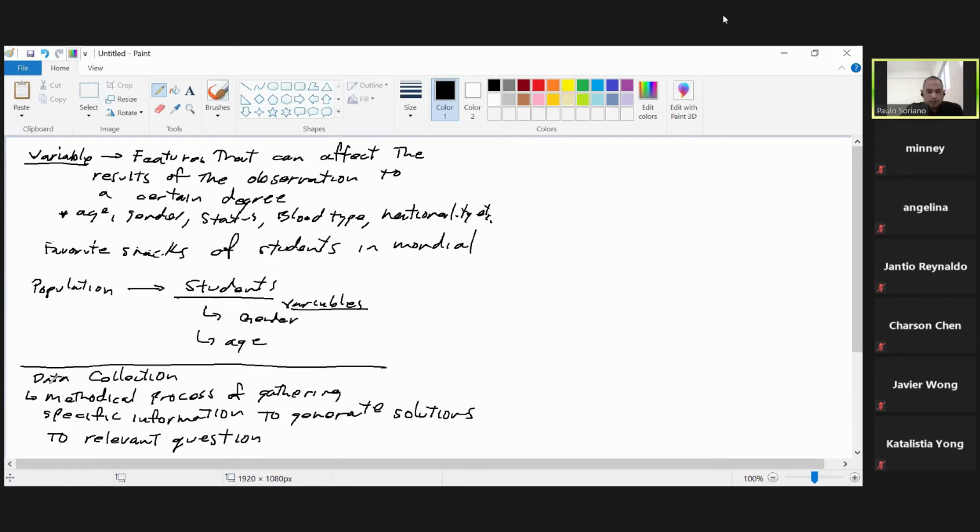Now, when you are going to collect data, you should use what you call your... Before we go to that, data collected for research purposes must be subjected to hypothesis testing.